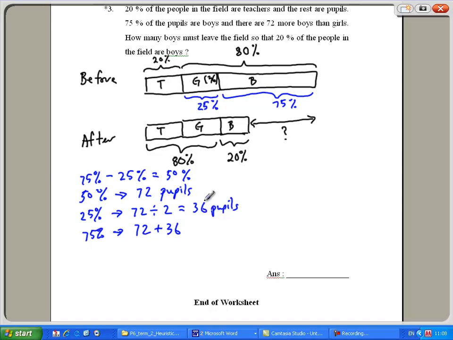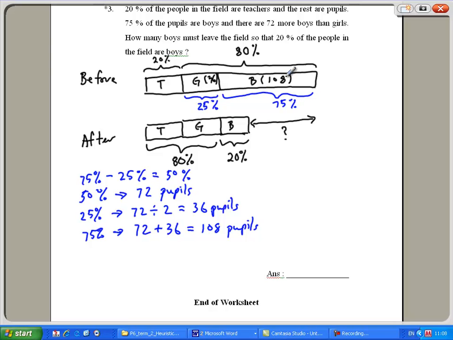So 72 plus 36 pupils for 25%, altogether here 108. So boys is 108.